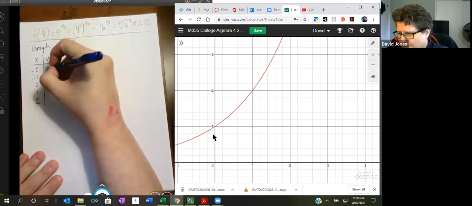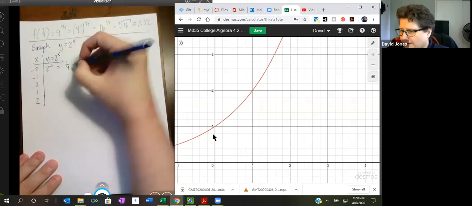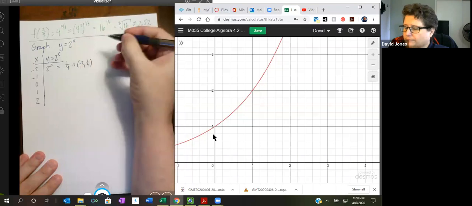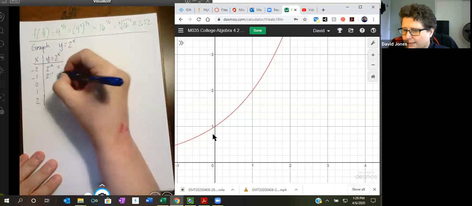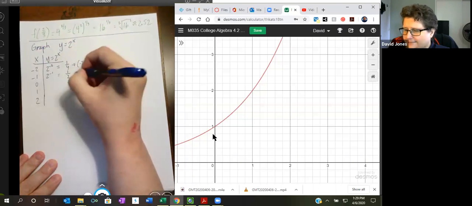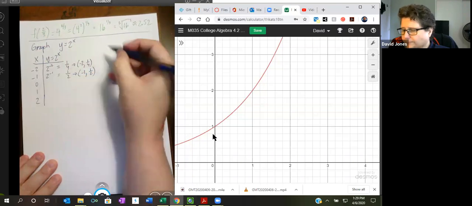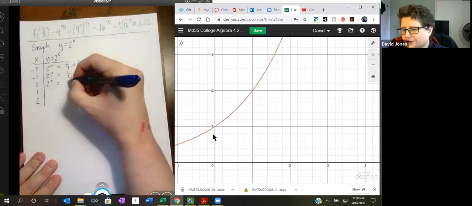So this says 2 to the -2 power. That equals 1/4. And we get the coordinate -2, 1/4. If we put -1 into the exponent, we get 2 to the -1, which is 1/2. We get -1, 1/2. We put 0 in the exponent. Anything to the 0 power is 1.